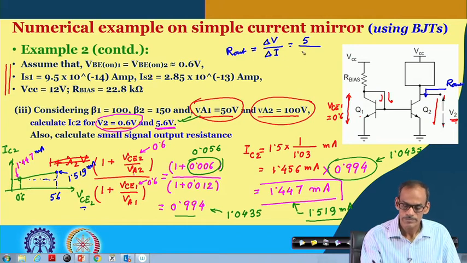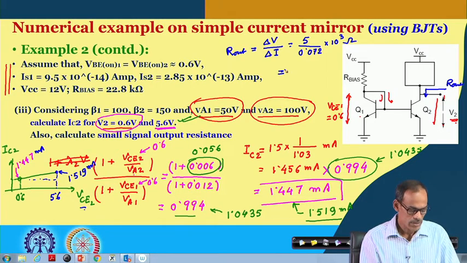So, that is 0.072 milli, which means 10 to the power 3 ohms, so this is equal to 69.4 kilo ohm.